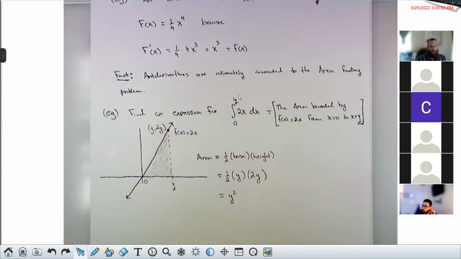Now, ignoring the difference in variables, how is this related to this? Well, if you take the derivative of this, you get 2x, right? This is like an antiderivative for this, just with the variable swapped.